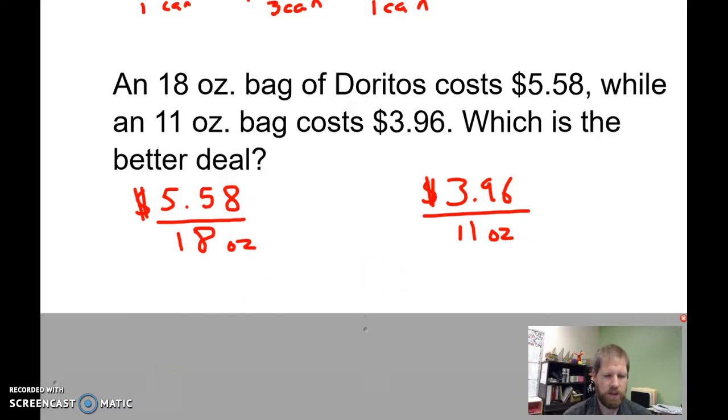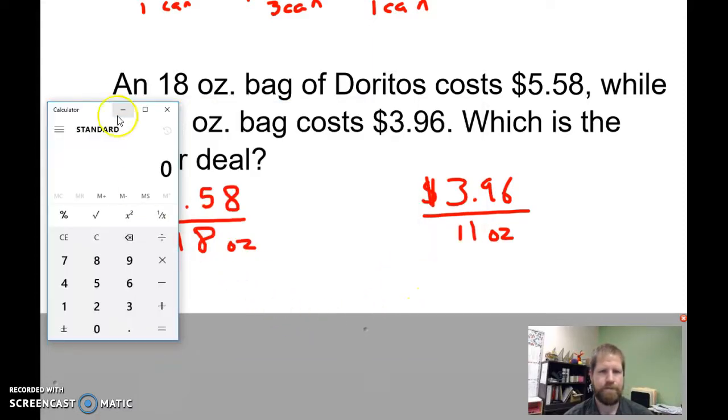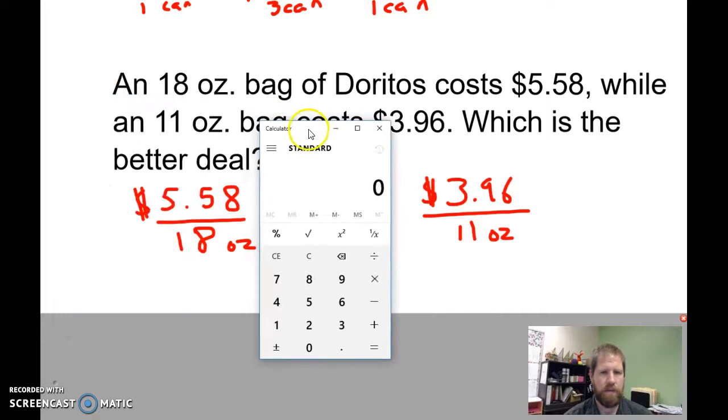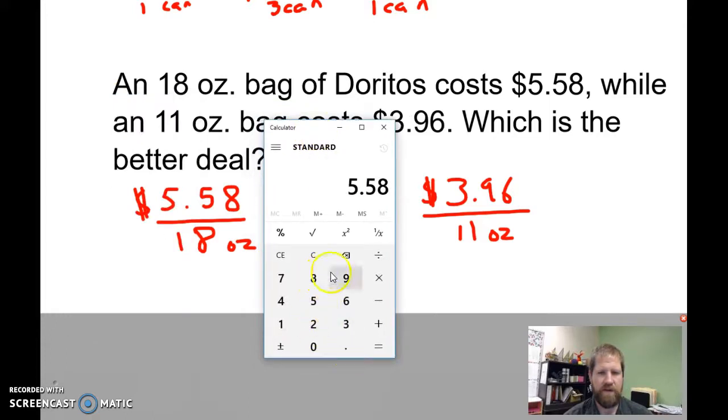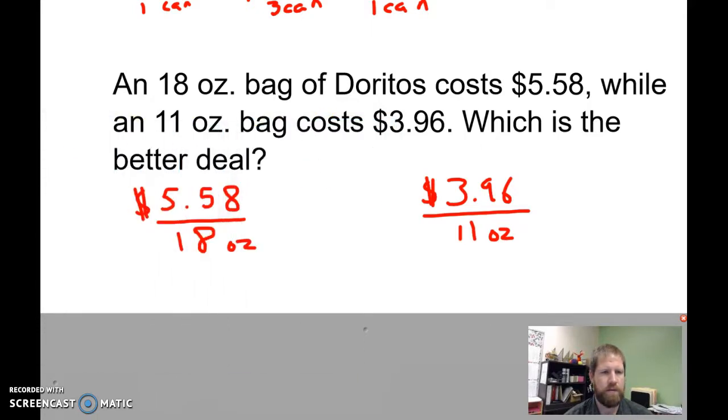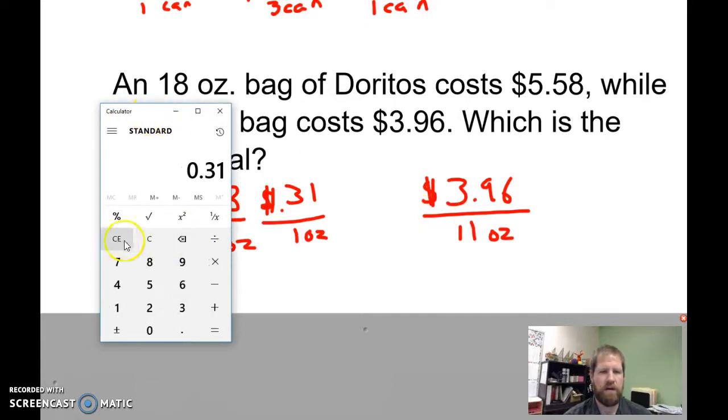Okay, and this is a case where you're going to get out your calculator and you're just going to say 5.58 divided by 18 equals 0.31. So this is going to be 31 cents per 1 ounce, right? 31 cents an ounce.